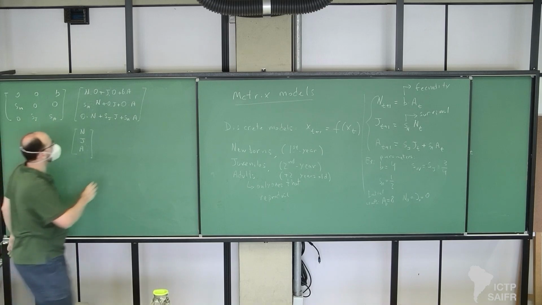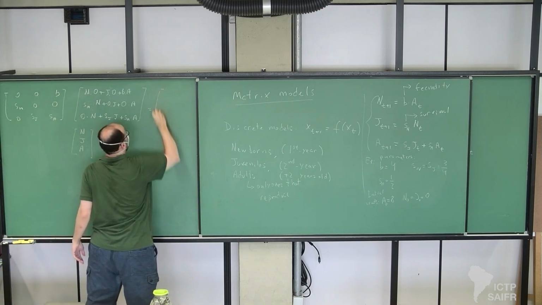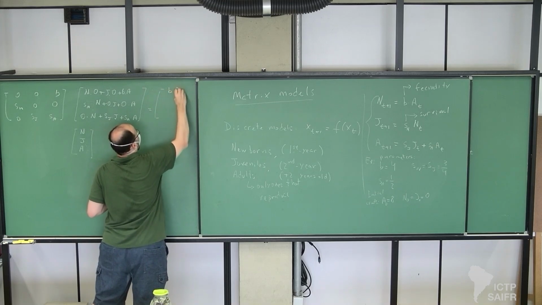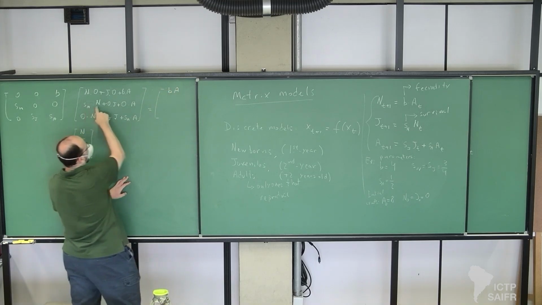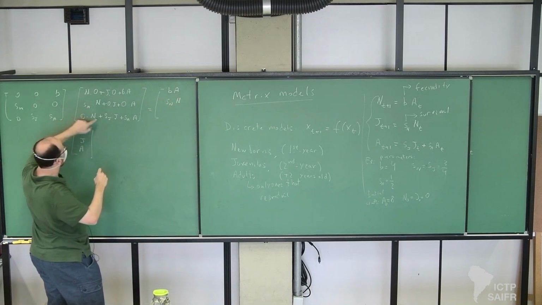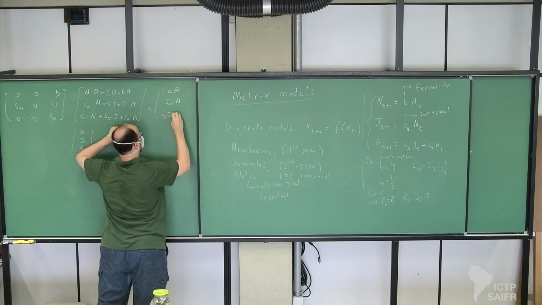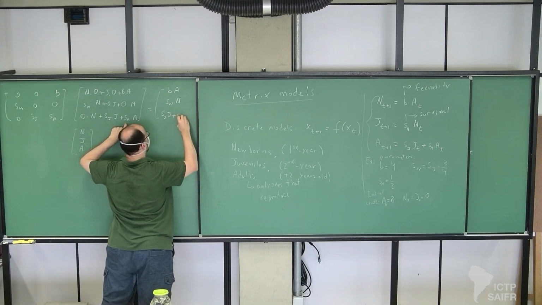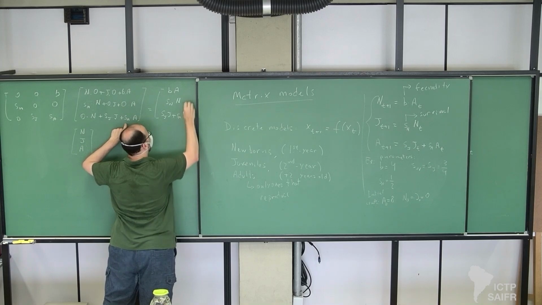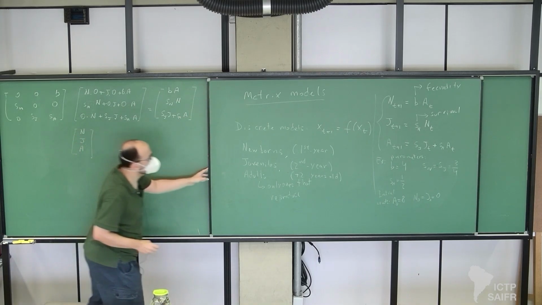I can simplify this because there are a lot of zeros here. So I'll have B times A, Sn times n, and Sj times j plus Sa times A. And this is exactly my model equations.